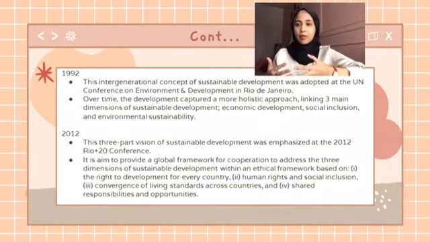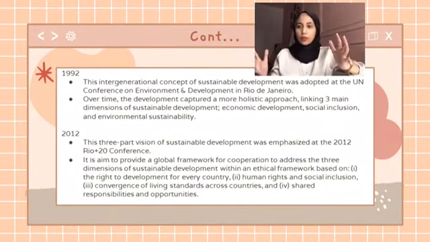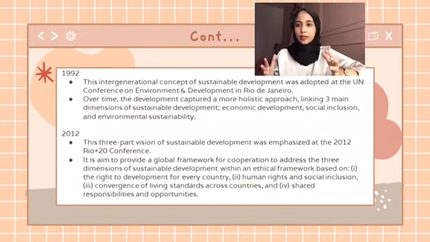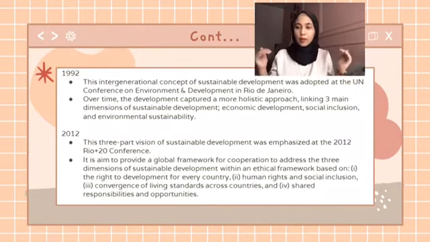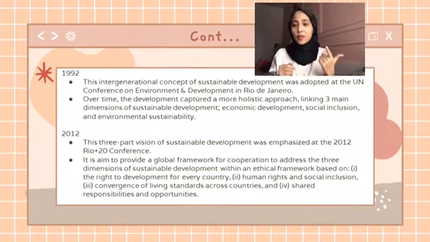It is aimed to provide a global framework for cooperation to address the three dimensions of sustainable development within an ethical framework based on the right to development for every country, human rights and social inclusion, convergence of living standards across countries, and shared responsibilities and opportunities.